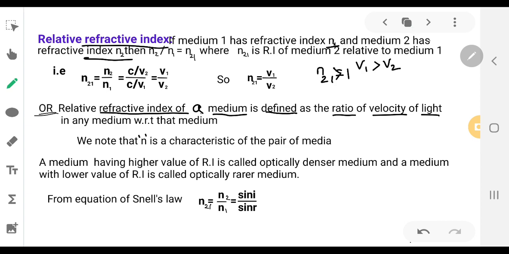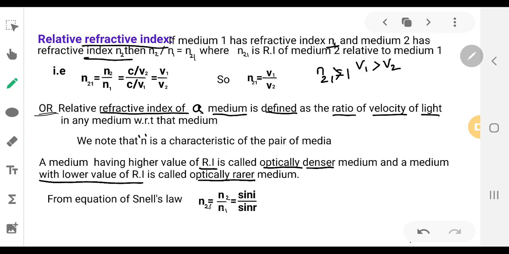So here by looking at the examples, what we can conclude, the medium having higher value of RI is called optically denser medium, and a medium with lower value of RI is called optically rarer medium.